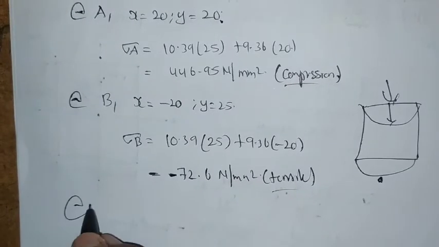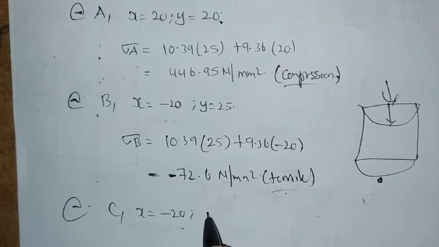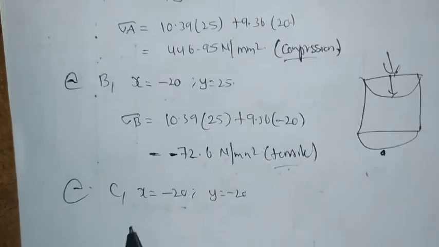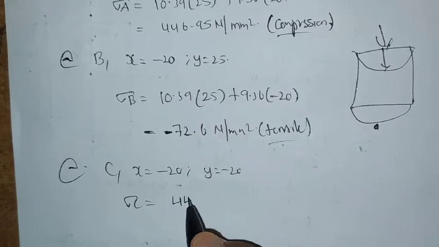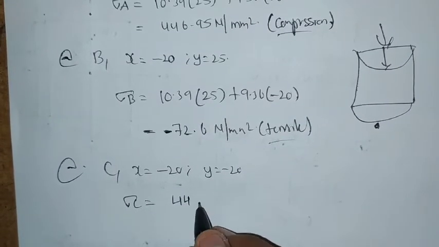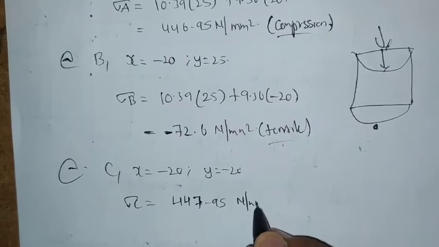Similarly, at the C point, x will be minus 20 and y will be minus 25. By substituting that, the value of sigma C we get is 447.95 Newton per mm square.